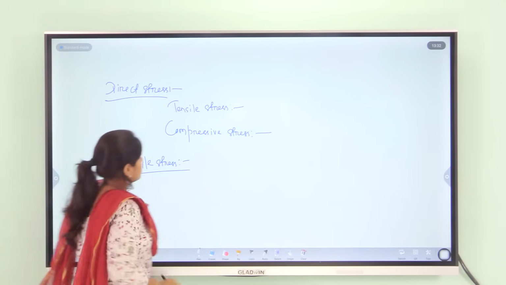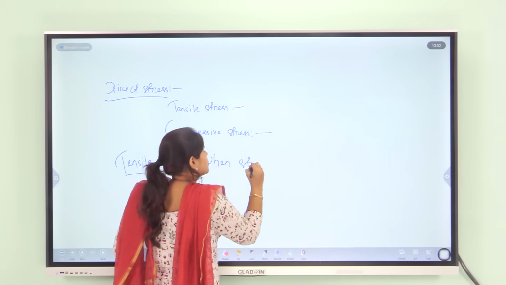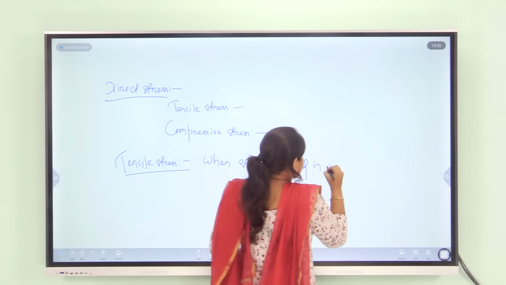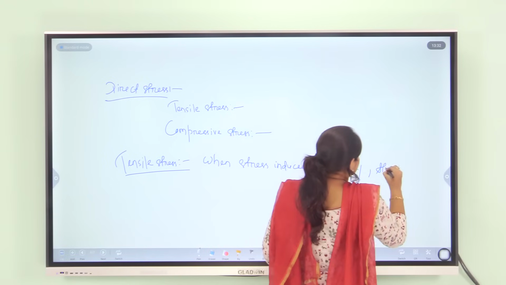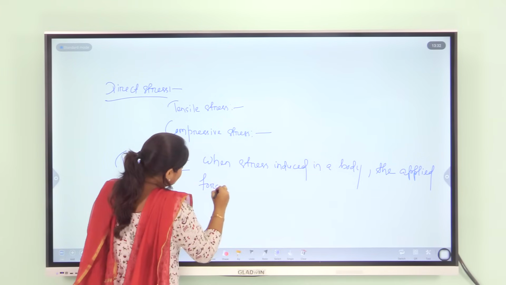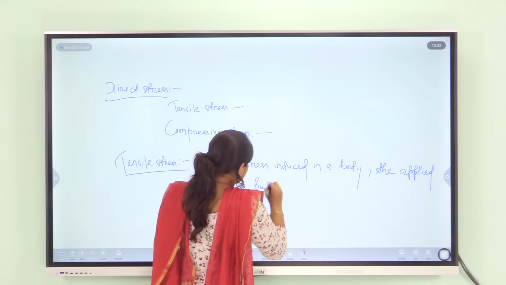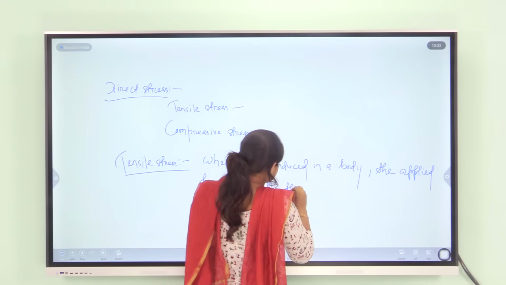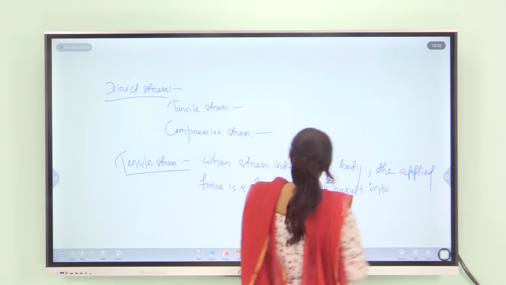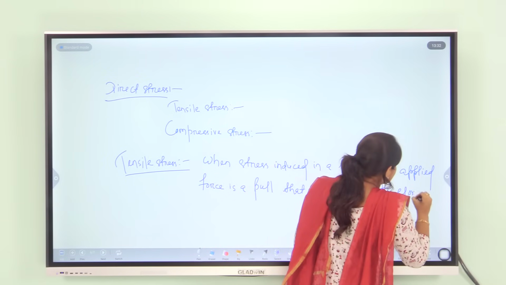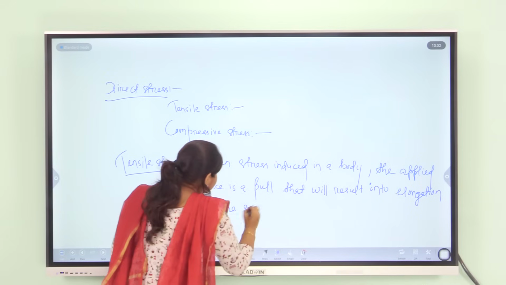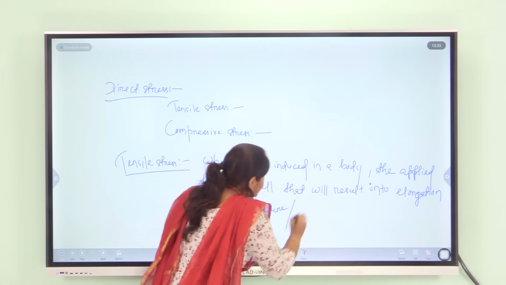The definition is: when stress is induced in a body, the applied force is a pull that will result in elongation of the structure, or you can say object.